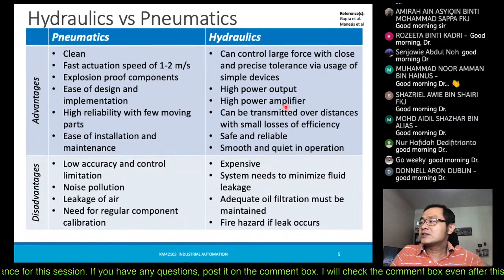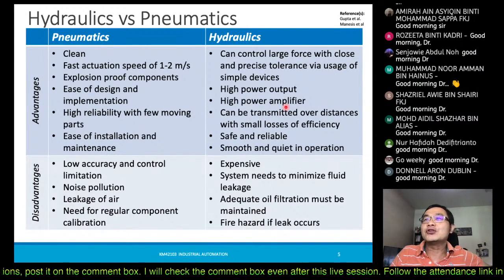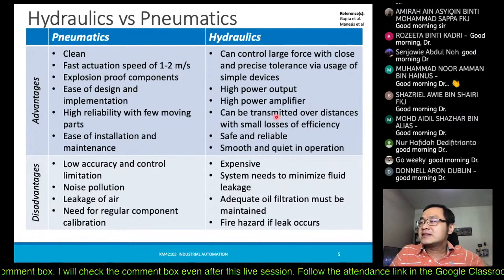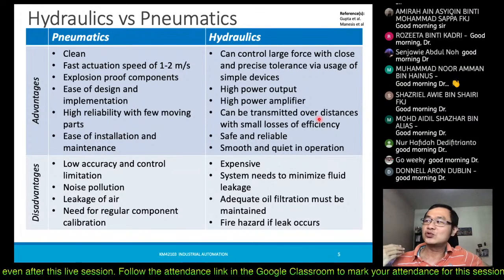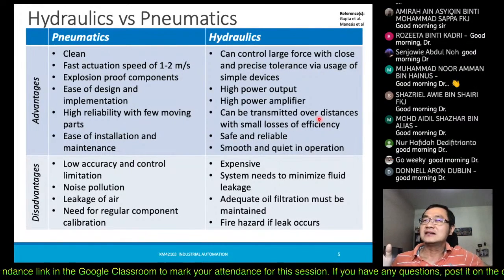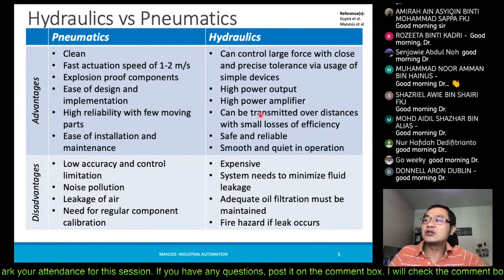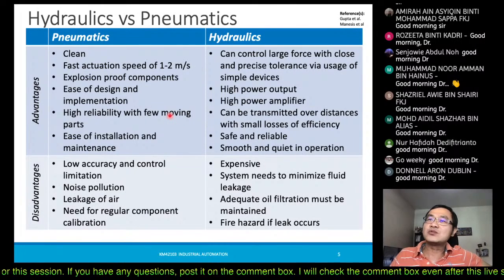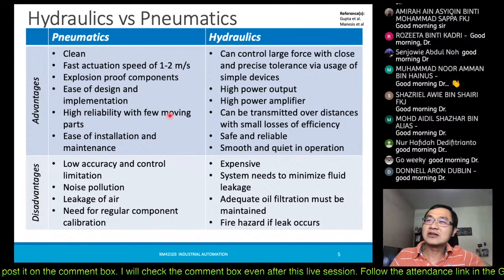And because we are using a fluid, it has the advantage that it can be transmitted through a very long distance without much losses, as compared to air, since air is very compressible.